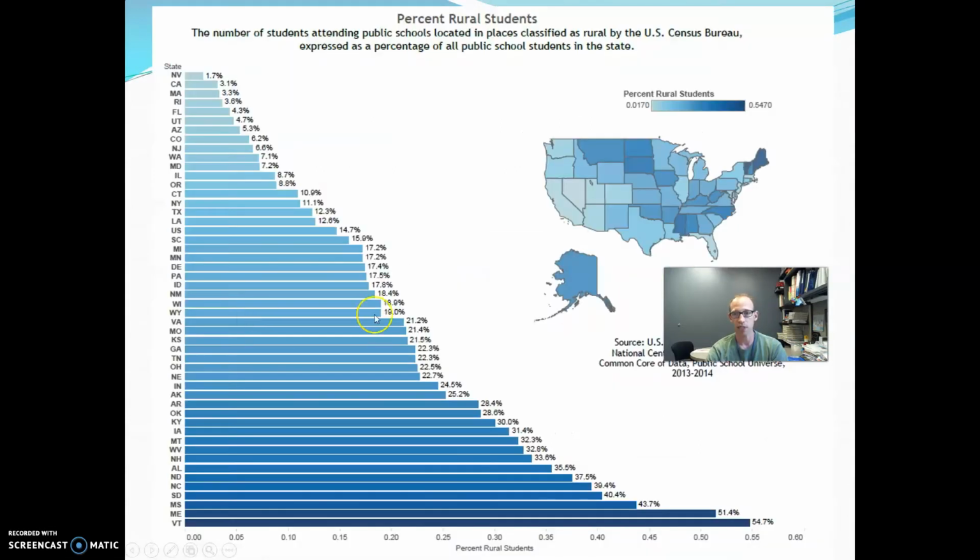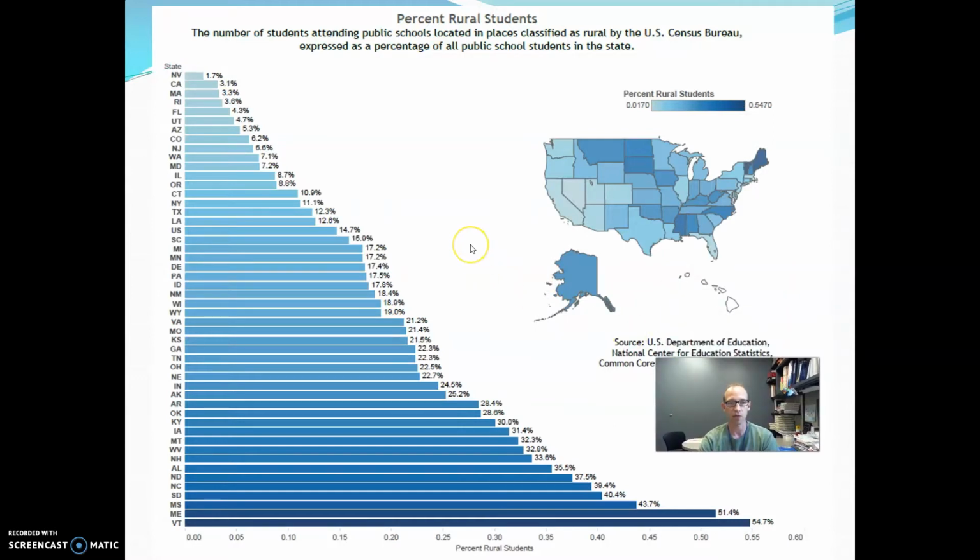Okay, and let me just give you one final example. This is a report that I publish every couple years on rural education. And one of the things I look at is each state, just what percent of the students in that state attend school in a rural area, in a rural school district.